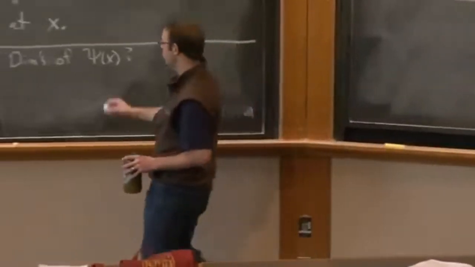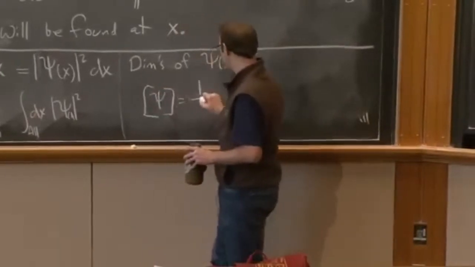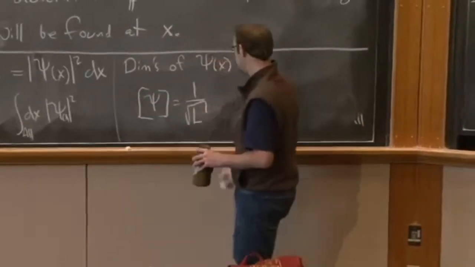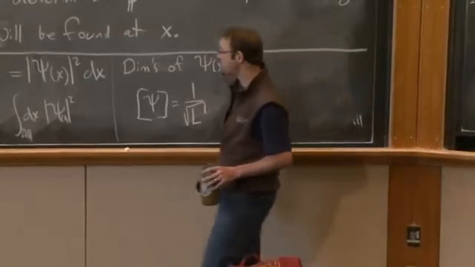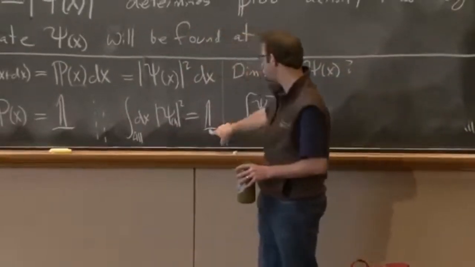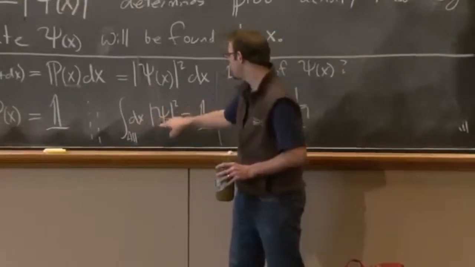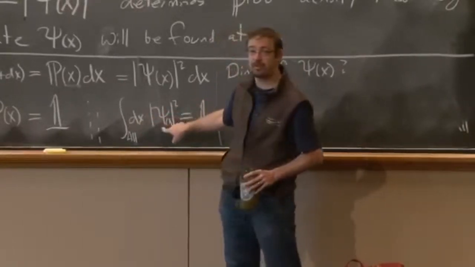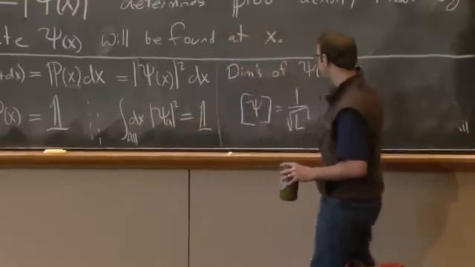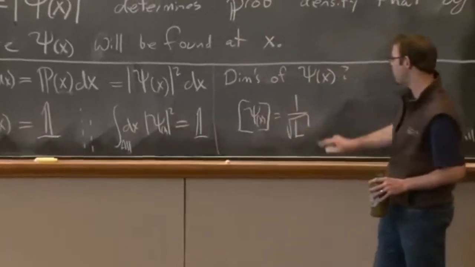Awesome. Yes, it's 1 over root length. Dimensions of psi are 1 over root length. And the way to see that is that this should be equal to 1. It's a total probability. This is an infinitesimal length, so this has dimensions of length. This has no dimension, so this must have dimensions of 1 over length. And so psi itself of x must have dimensions of 1 over root length.